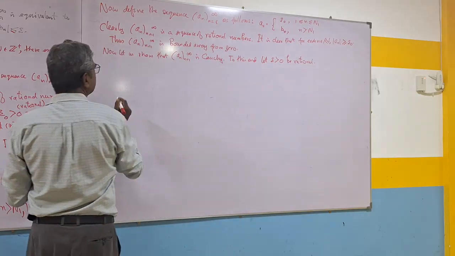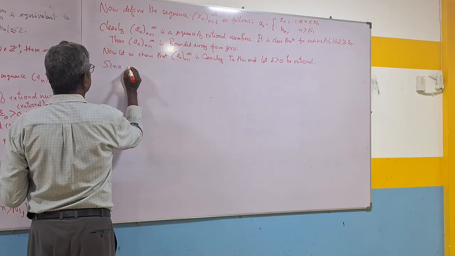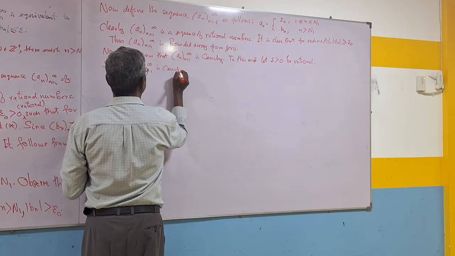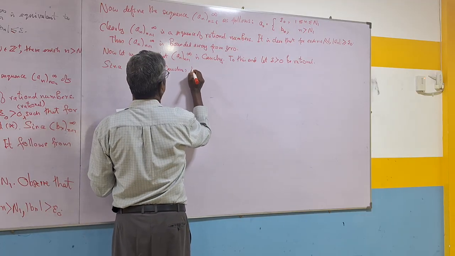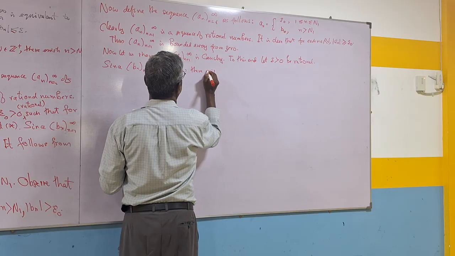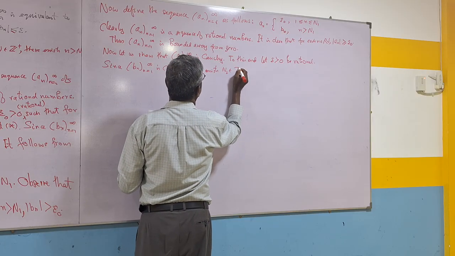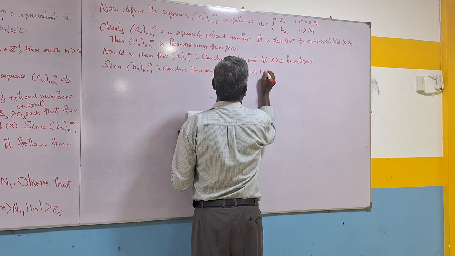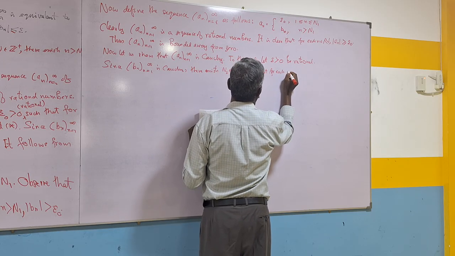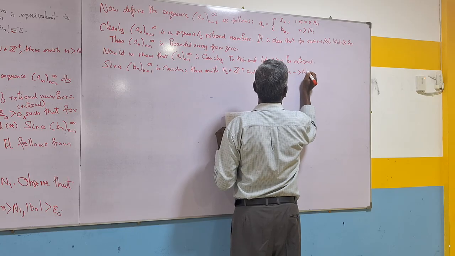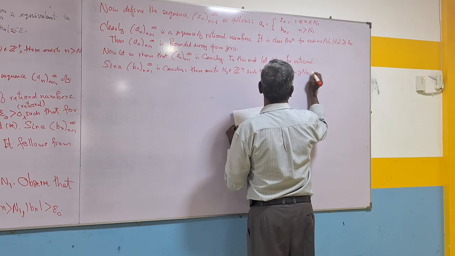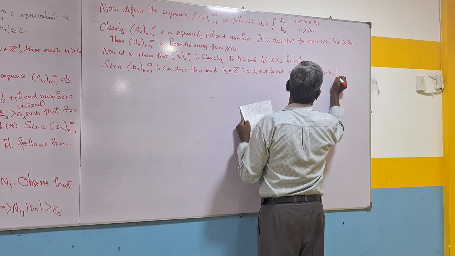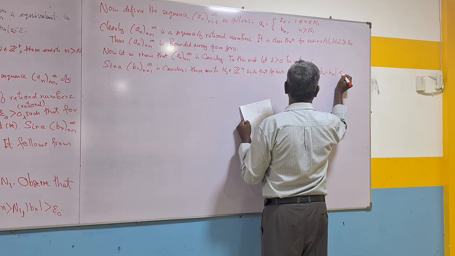Since Bn, n going 1 to infinity, is Cauchy, there is an N2 belonging to Z plus such that for each n, m greater than N2 (if you want, you can write greater than or equal, it doesn't matter), |Bn minus Bm| is less than or equal to epsilon.